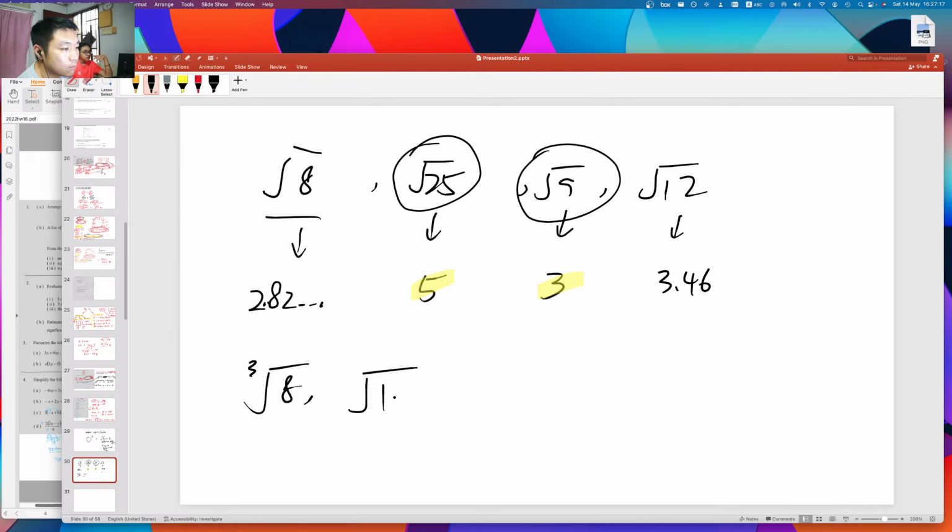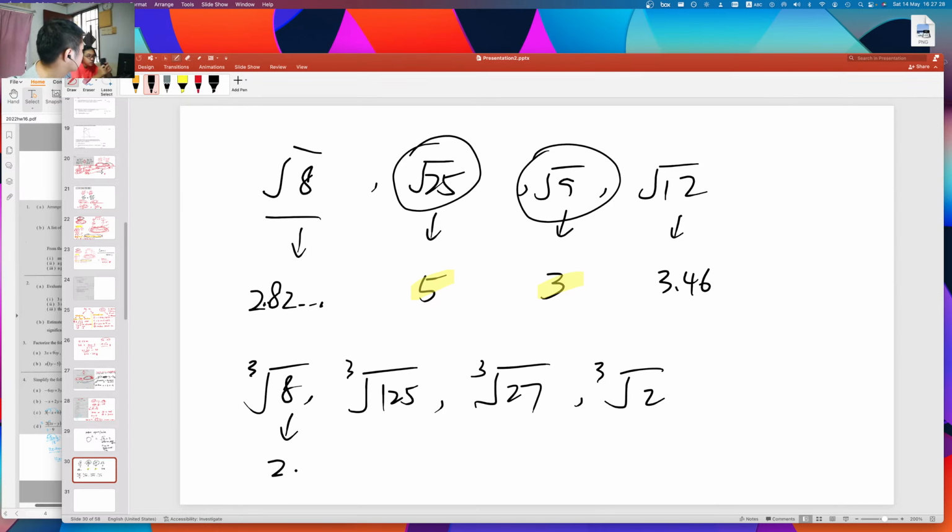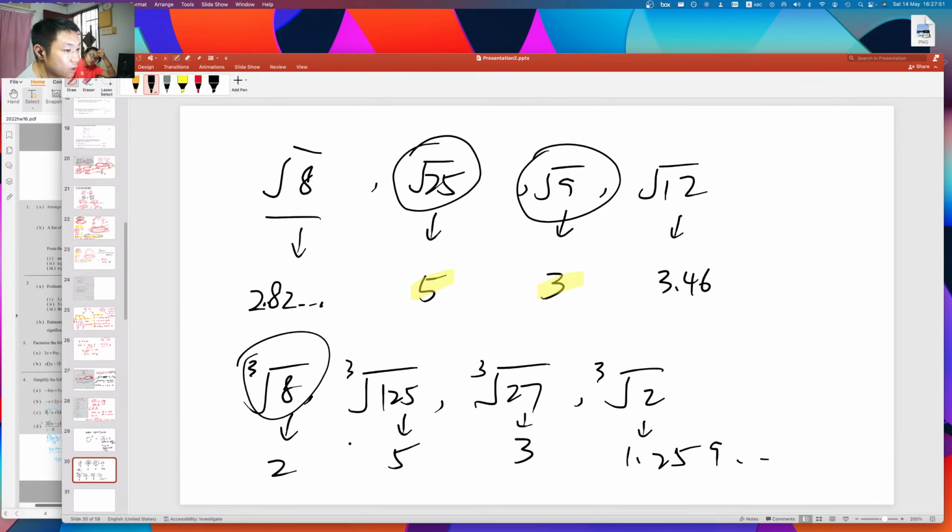Help me out. This one? This one? 5. This one? 3. This one? 1.259. So which one is perfect cube? 8, this one, cube root 8, not 8. Cube root 125.